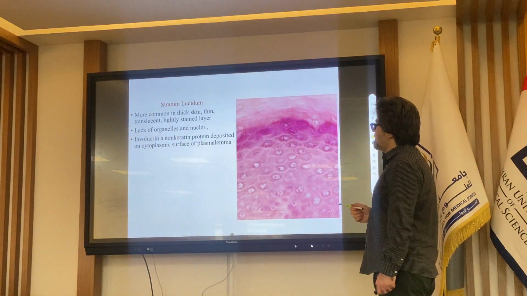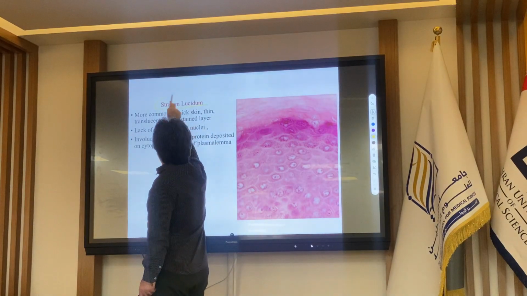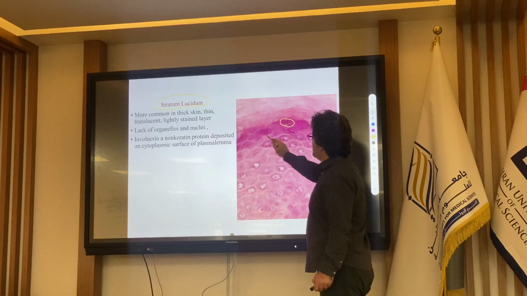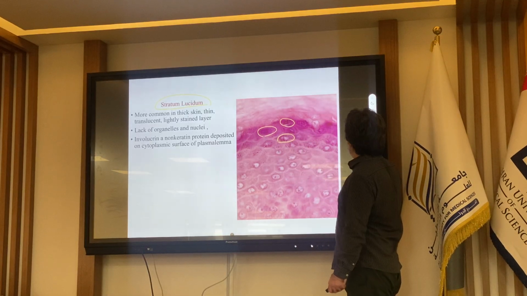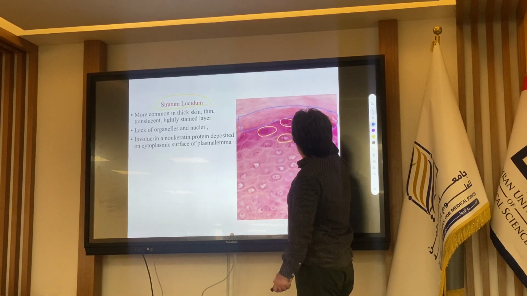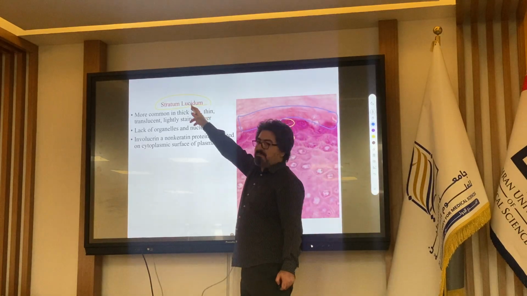The next layer is known as the stratum lucidum. What is this layer? Next to the stratum granulosum, this layer, this part. This layer is the stratum lucidum.